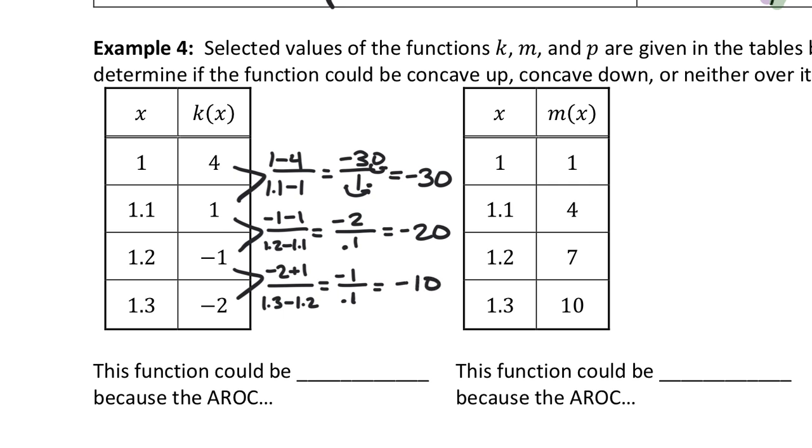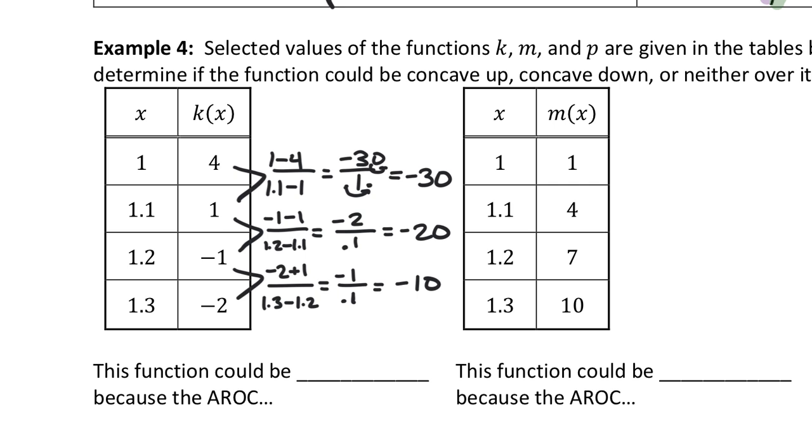Review question from the top. Could this be linear? Why not? The rate of change is not constant. Yes, okay. But now the question is, could this graph be concave up or concave down? Are those numbers, the rates of change numbers, are they getting bigger or getting smaller?